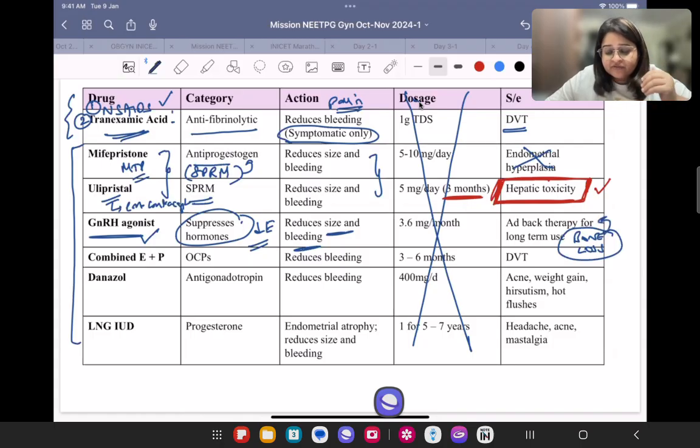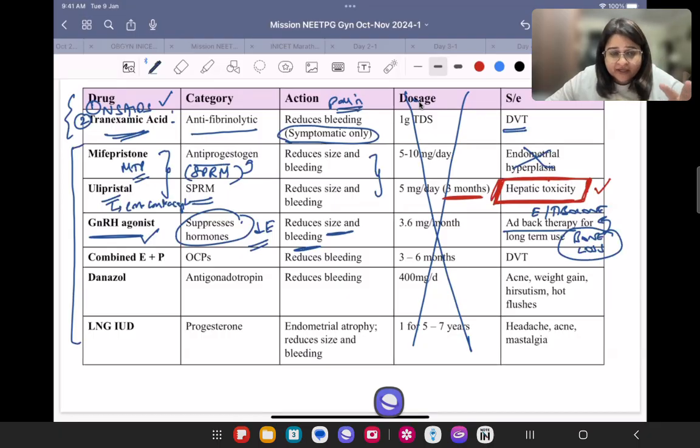And hence, if you're using it for long term, you have to add back. What do you mean by add back? You have to give back estrogen to prevent bone loss or tibolone. So we usually give add back therapy with estrogen or tibolone to prevent bone loss. So that is GnRH agonist.